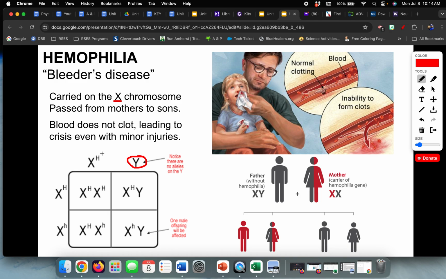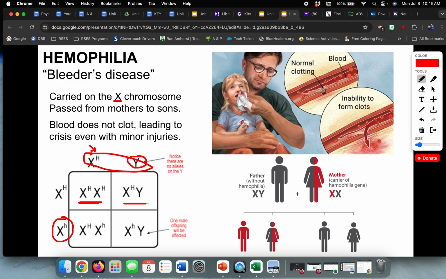So this picture here, this Punnett square has a dad that does not have hemophilia. It's got the capital H, XY is the dad. So he's a normal dad, and the mom doesn't have it either, but she's a carrier. She has the trait on one of her sex chromosomes. So one of the outcomes can be a girl, XX, that has no chance of passing it on to a baby.